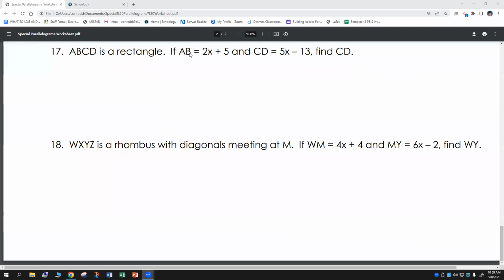All right, number 18, we're going to have a rhombus. Okay, we're going to call it WXYZ.